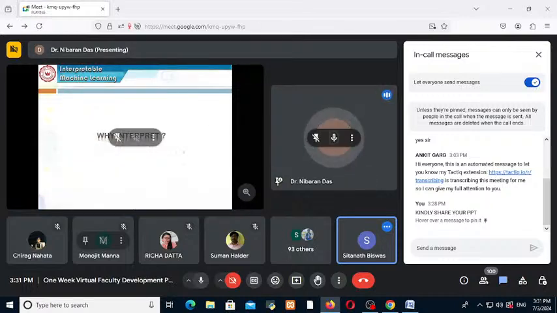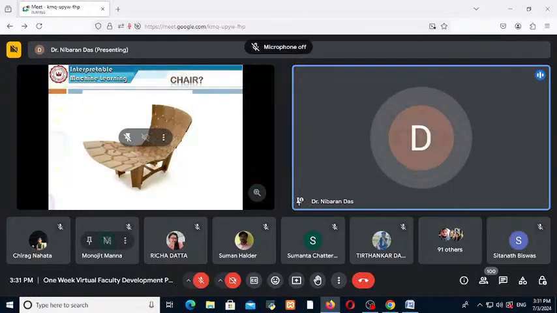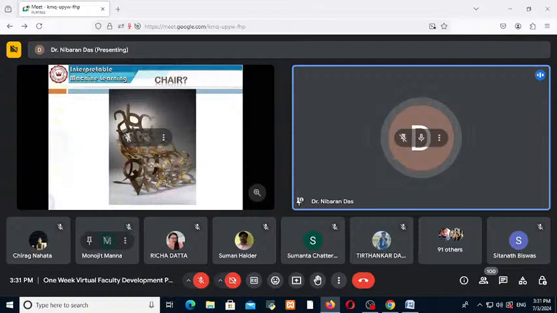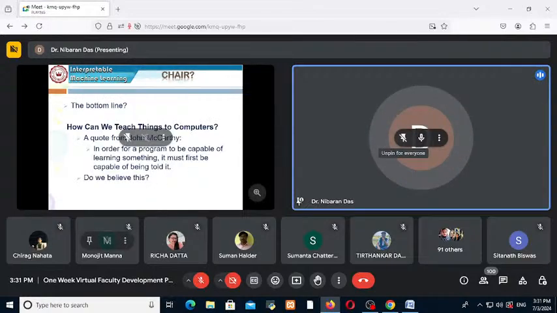So we have discussed the reason for interpretation with this chair example. So that's to understand the philosophy of interpretation here. So if you have any question, because you may ask.